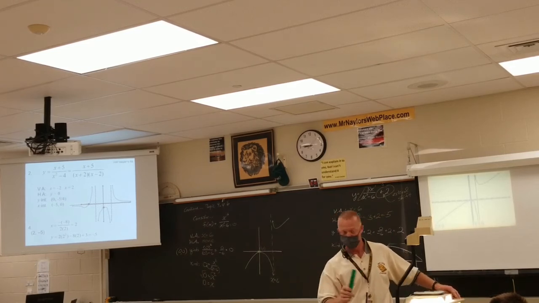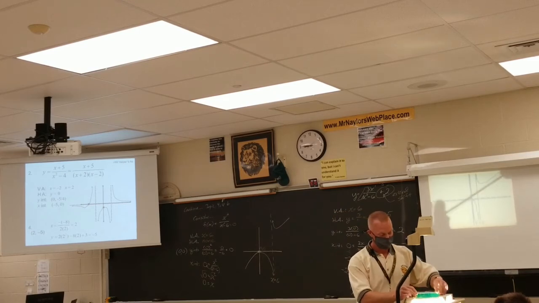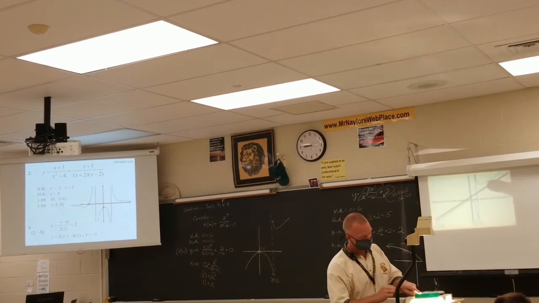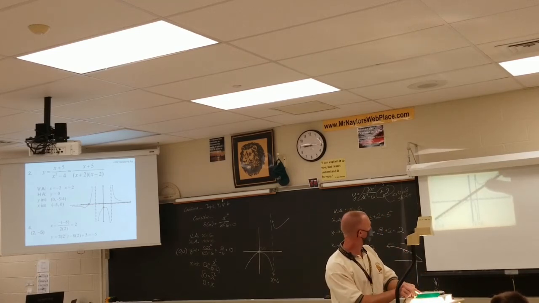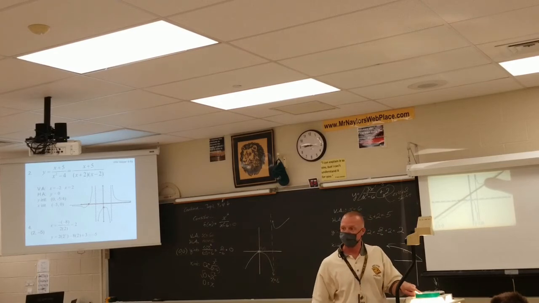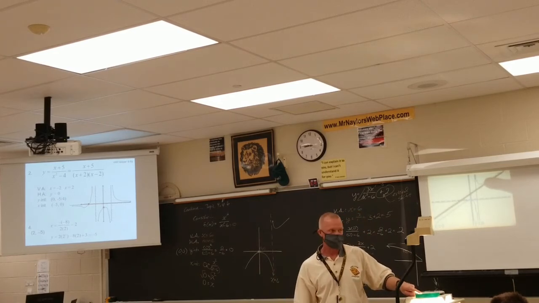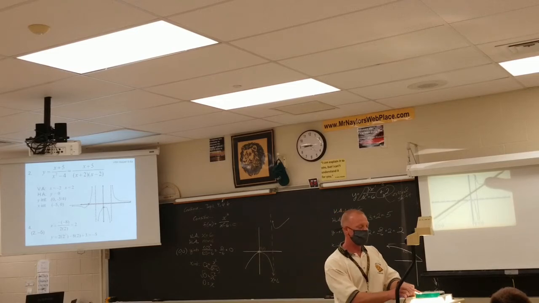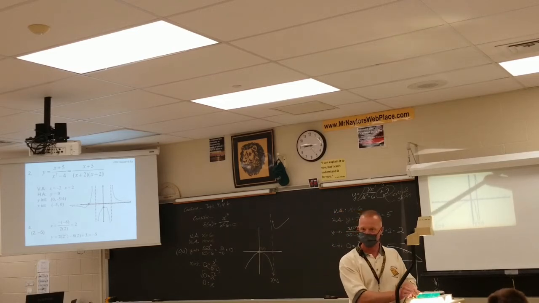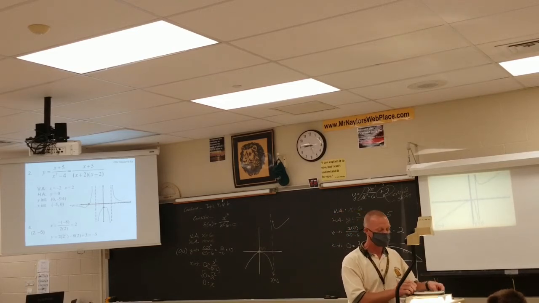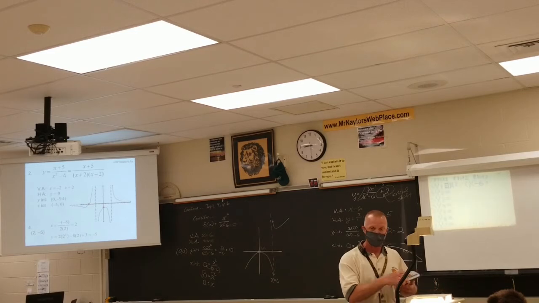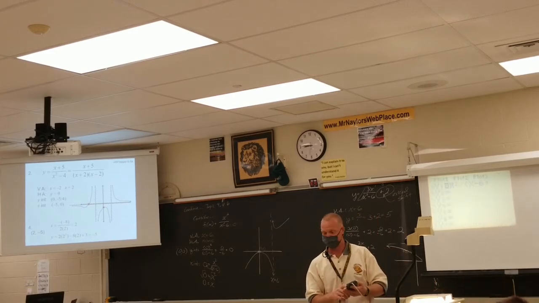A diagonal line. I'm doing my best to put it in here. You can see it on your Desmos, up here. And it's called a slant asymptote. Now maybe you're wondering, well, what is the slant asymptote?